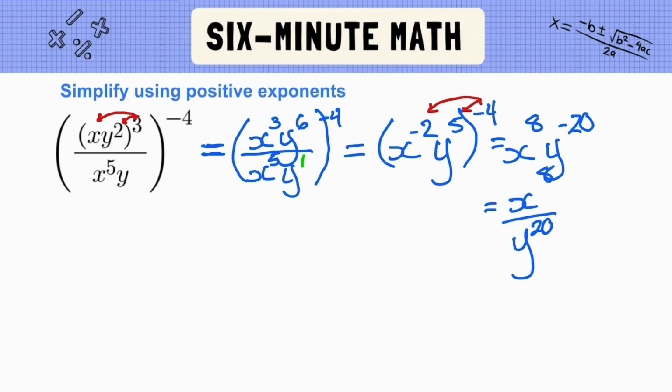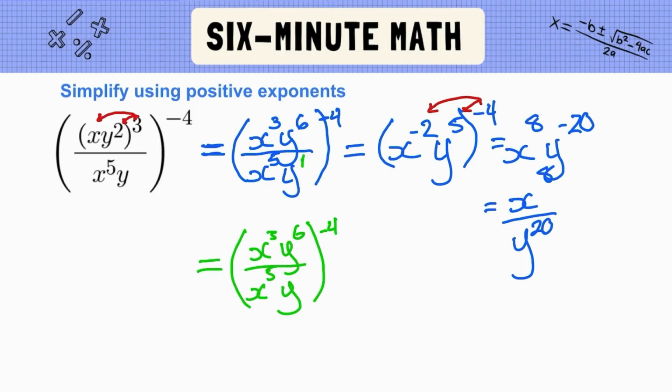My next example I will do here in green. My first step will remain the same, so I'm still going to multiply that 3 in, and I would get x cubed y to the 6 over x to the 5 y, and that's to the negative 4. Now I'm going to get rid of this negative right away.